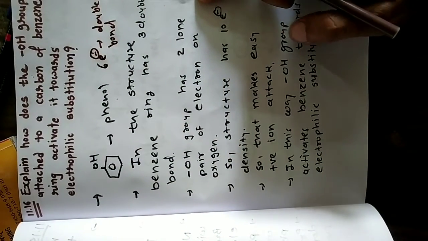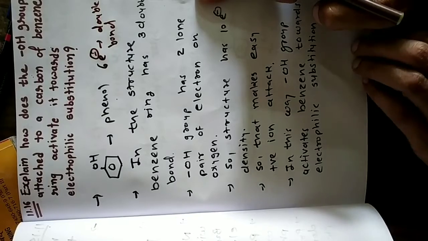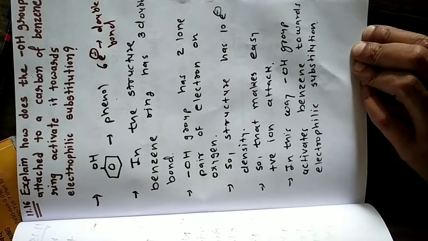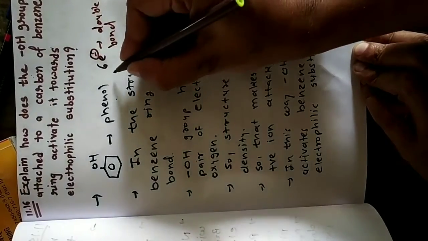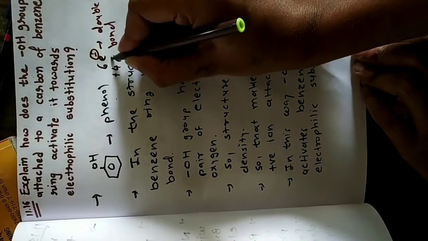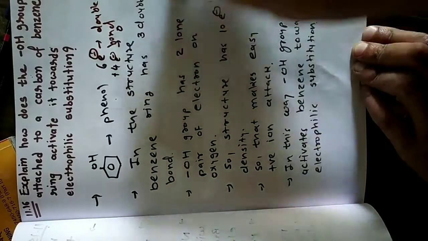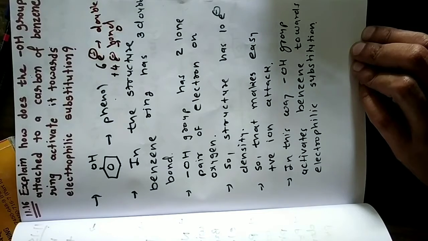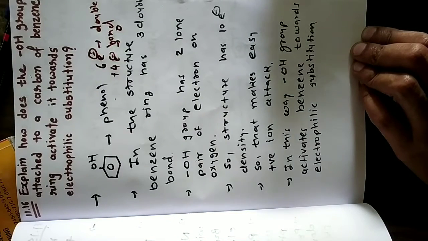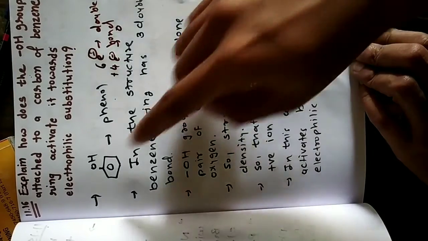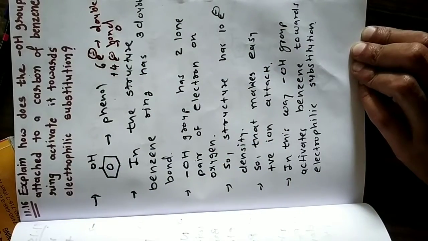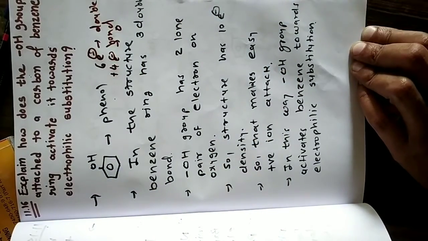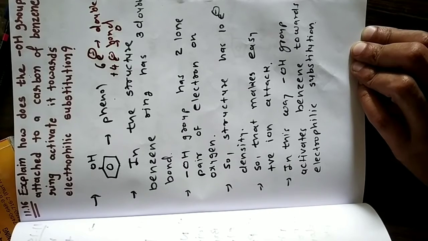Oxygen has 2 lone pairs of electrons, means total 4 non-bonding electrons are there. So plus 4 electrons on oxygen. So total 10 electrons we have on this phenol structure. So attack of positive ion takes place here more easily.